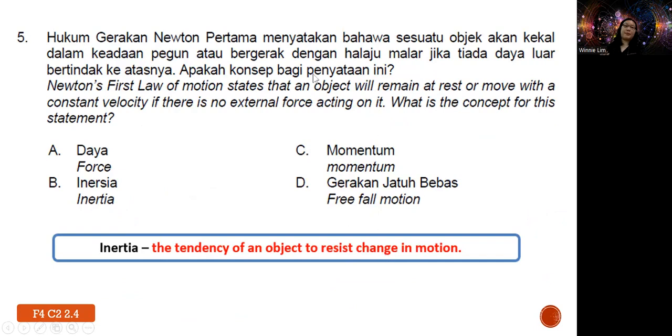Or in simple terms, like what you see in the statement here, if the object is at rest, it will stay at the state of rest. If it is moving, it will continue to move in a straight line. So this is the idea of inertia.